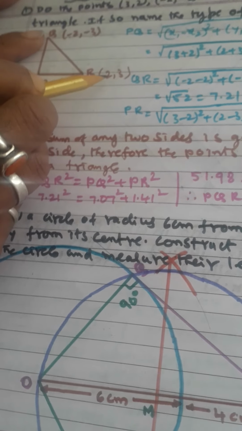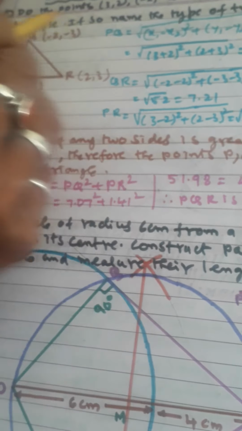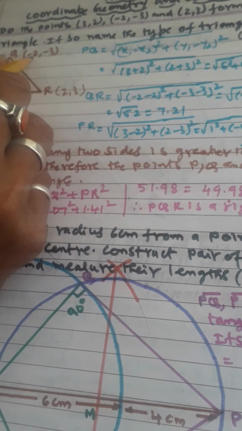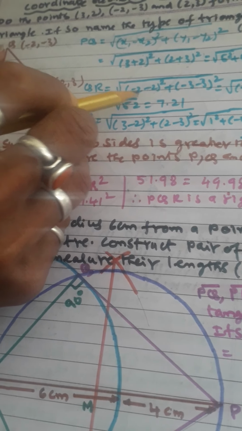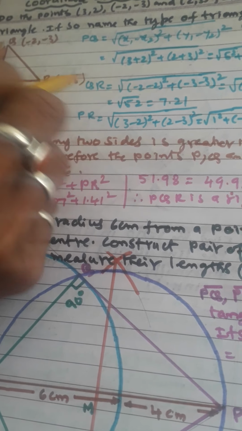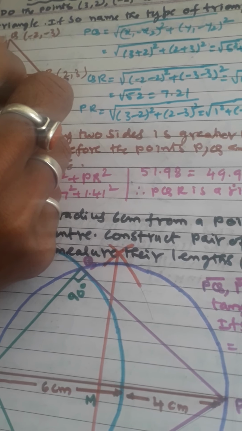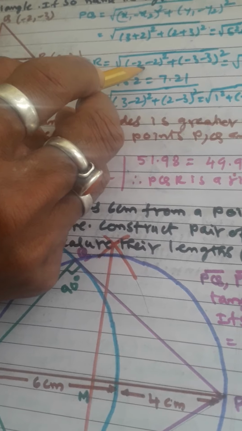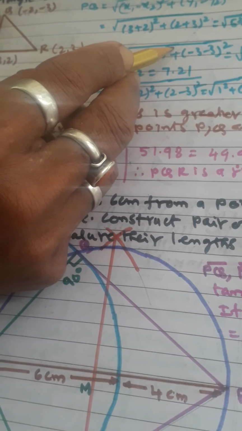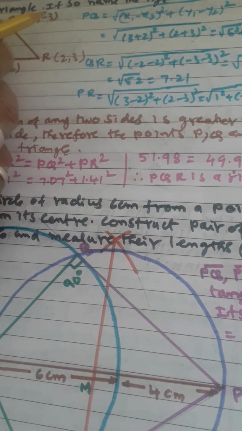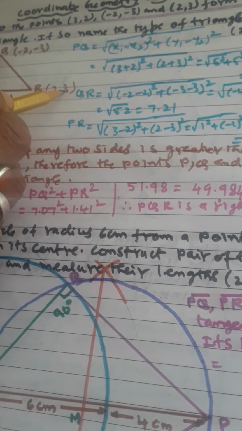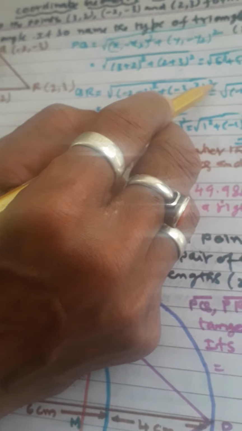Again minus, because it is already minus, but here the plus symbol is given, and plus into minus you will get minus only. So -2 whole square. And for this also -3 is the starting, and here the minus symbol, so this also becomes -3 whole square.